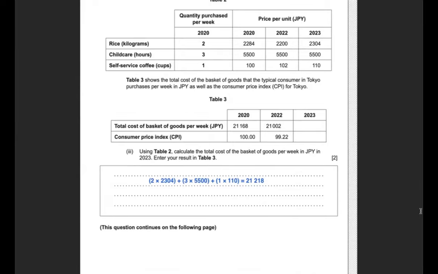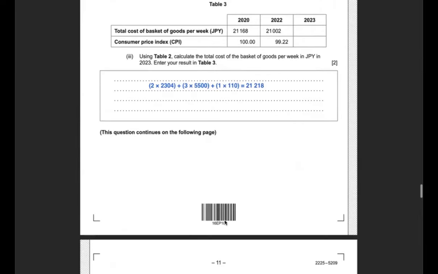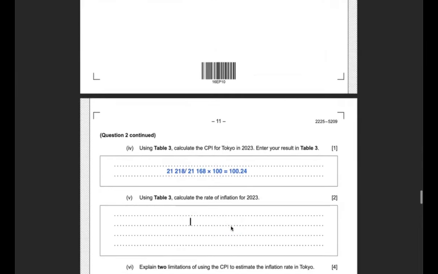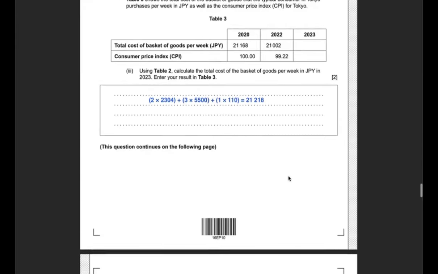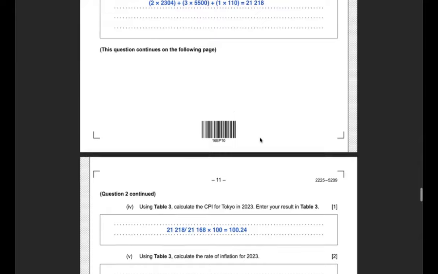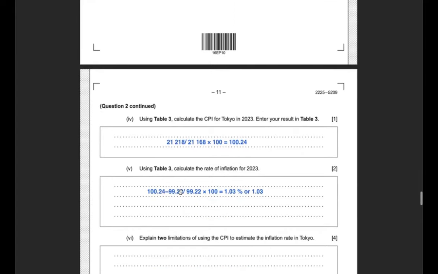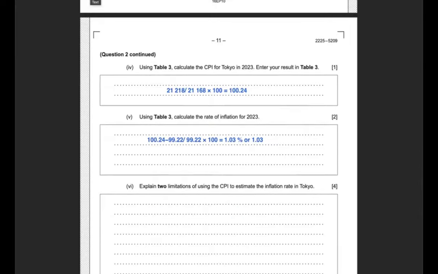So take the difference between the CPI for 2023 and the CPI for 2022, divide by the old one and multiply by 100, then you can get the rate of inflation.